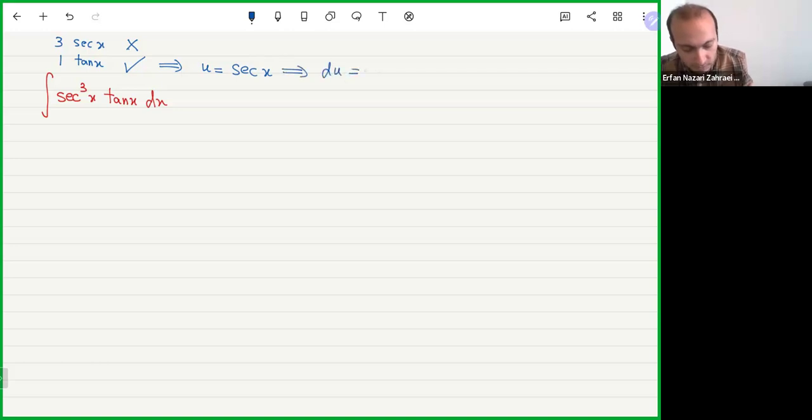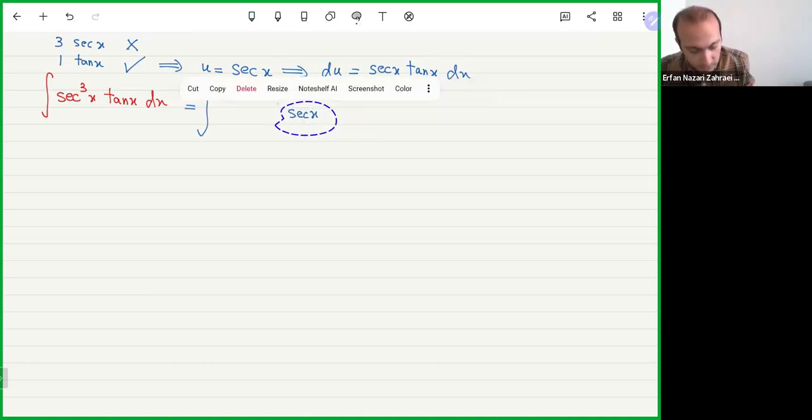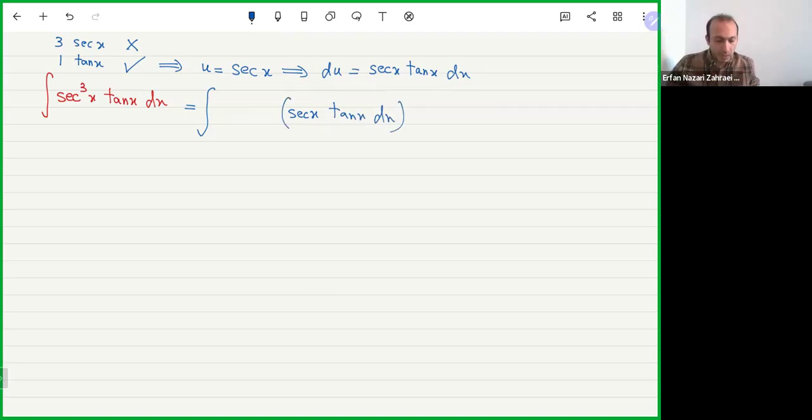du is secant tangent dx. And if you isolate this term, secant tangent dx, that package is my du.